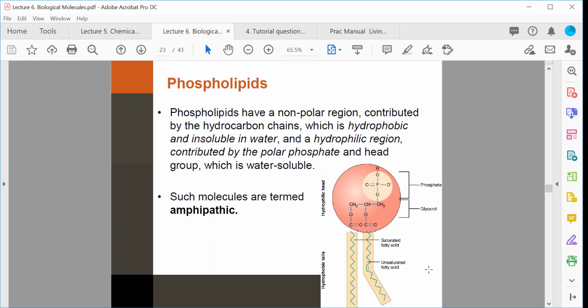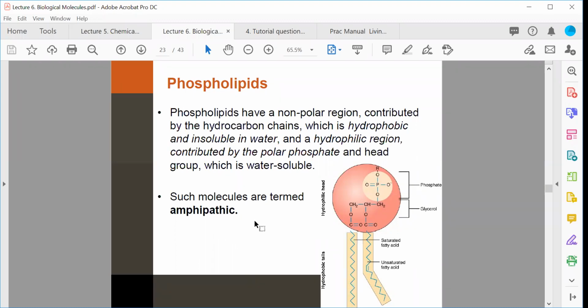So we have this really interesting combination within the one molecule of a hydrophobic region and a hydrophilic region. That is a region that likes to associate with water and one that doesn't like to associate with water. And molecules such as this phospholipid that have both of those properties are termed amphipathic.